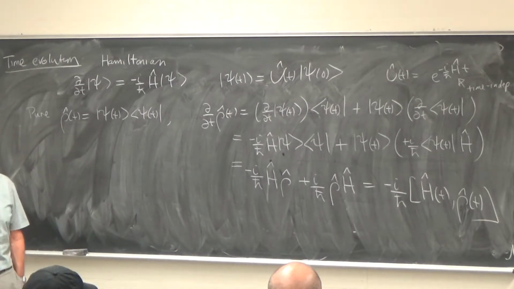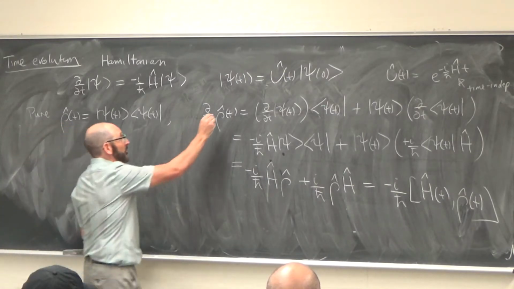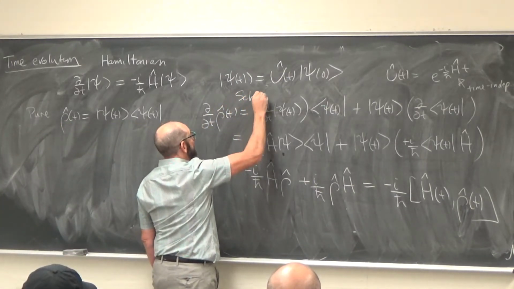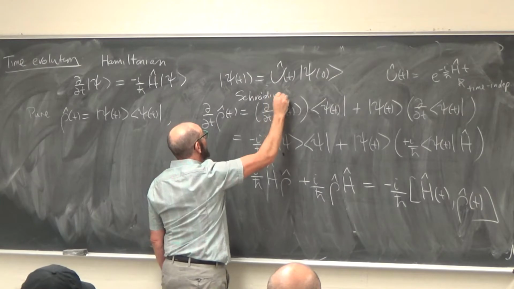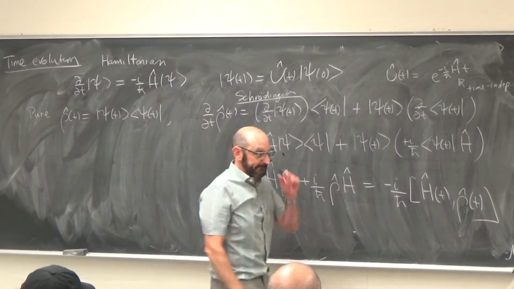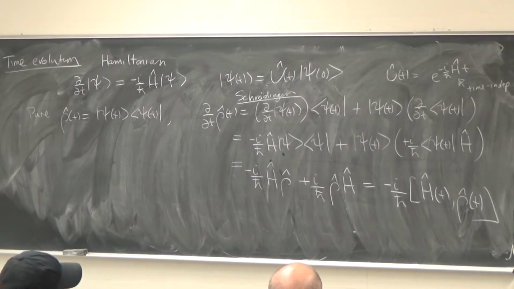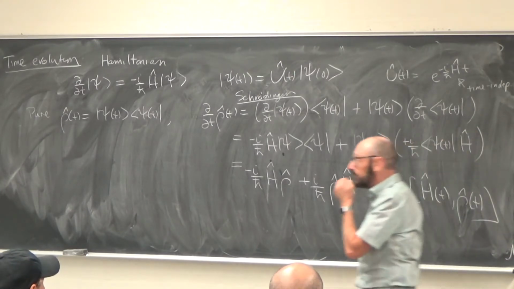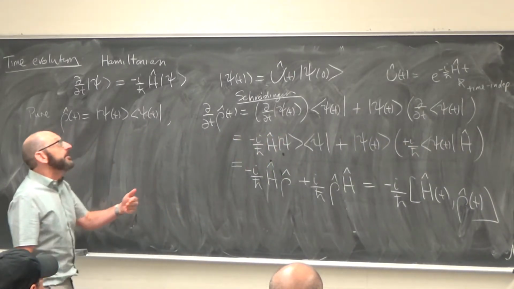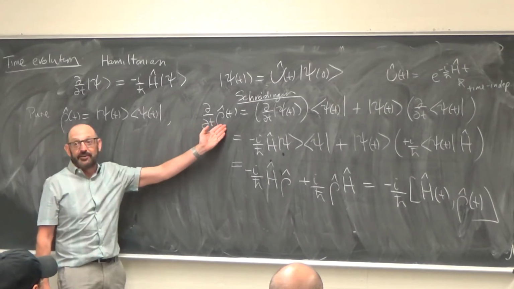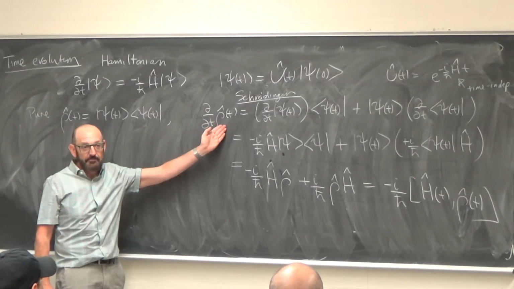Right? Now, note, this is the Schrodinger picture. This is not the Heisenberg picture. In the Schrodinger picture, the state evolves as a function of time. The state evolving as a function of time means, in this case, the density operator evolving as a function of time.